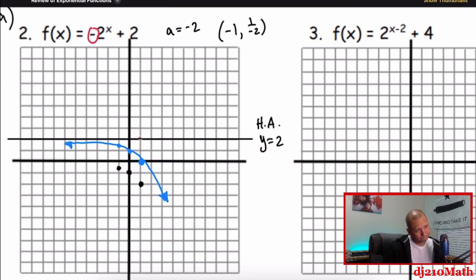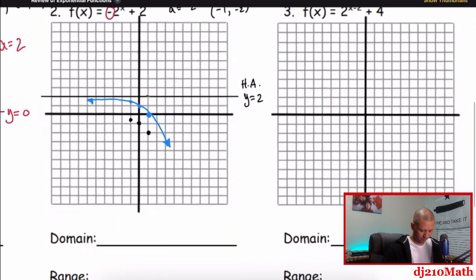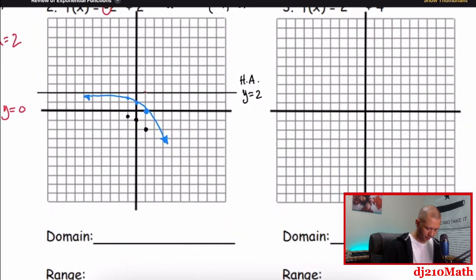Okay. So the domain is all real numbers. The range is from the horizontal asymptote and then down towards negative infinity. So negative infinity has to come first and then up to 2, not including it.